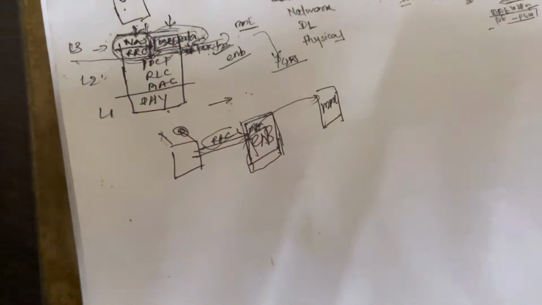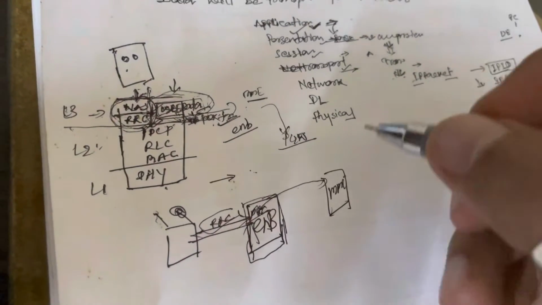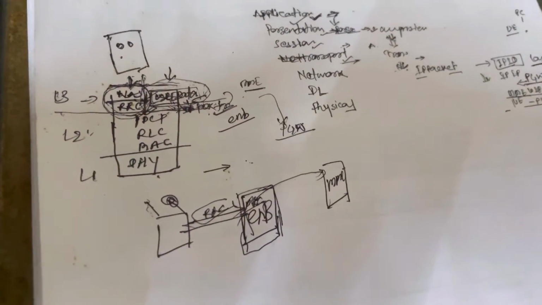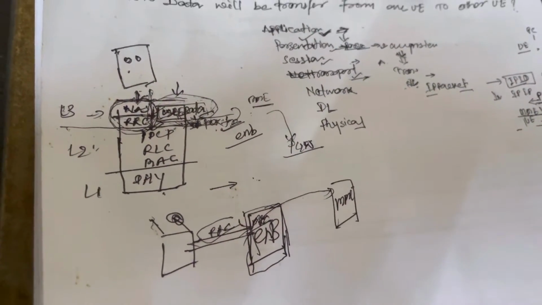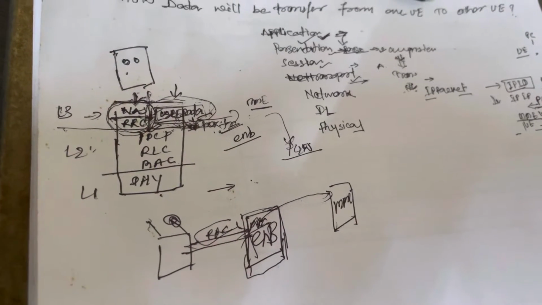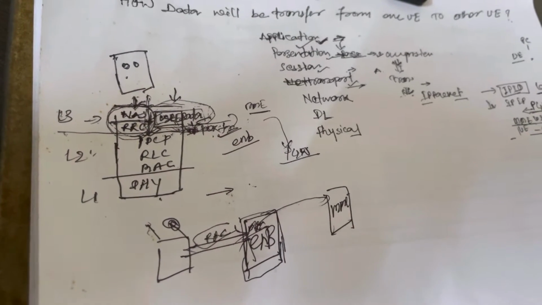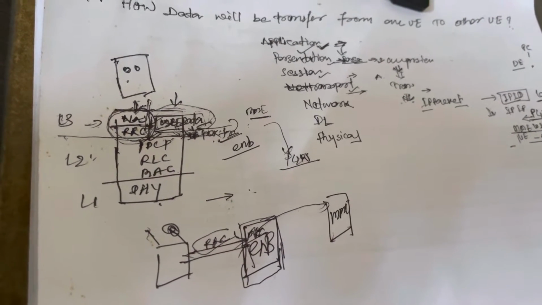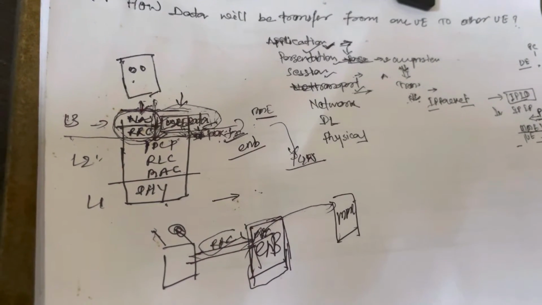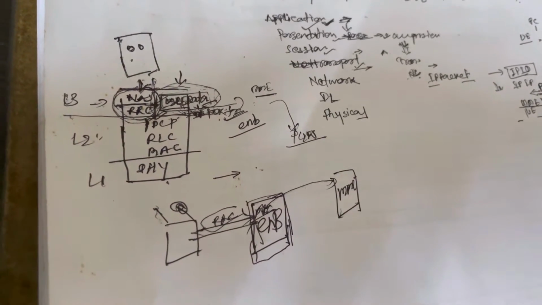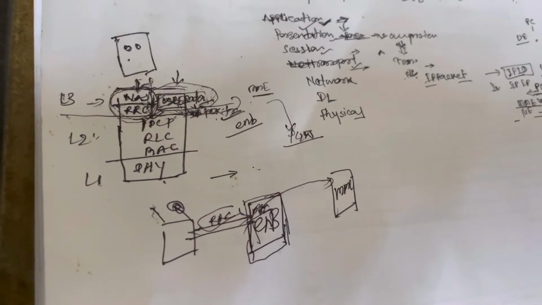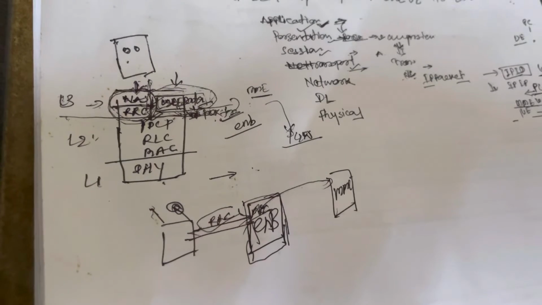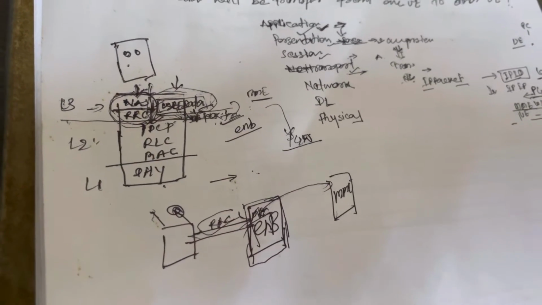See, suppose you are speaking in English, and in front of you is someone who cannot understand English, or does not know English at all. How will you communicate with him?